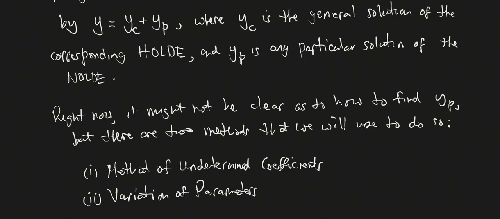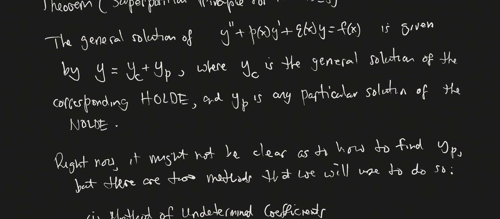And this is what I will say: they both involve algebra, and they both involve calculus to varying degrees. You will end up using more calculus in the variation of parameters method as opposed to the method of undetermined coefficients. They both have their pros and cons, which we will look at as we go through the details. But our big goal now is establishing this particular theorem.